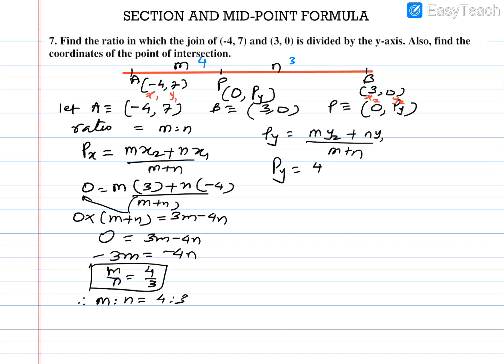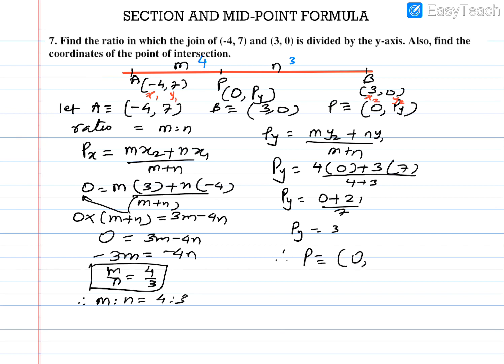What is y2? 0. n is 3. What is y1? y1 is 7, upon m plus n, that is 4 plus 3. Py will be equal to (0 plus 21) upon 7. Py equals 3. Therefore the coordinate of P will be (0, 3).